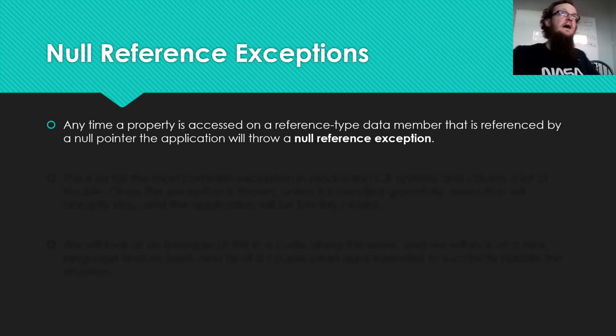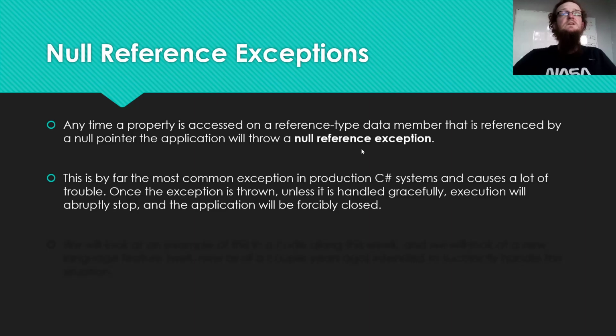If I then try to access the date that assignment was turned in, I will get a null reference exception, because I tried to access data on a memory space that wasn't actually set up to begin with. It was just a null pointer that doesn't have access to a field. This will make more sense in the code along, but prepare yourself to see this quite a bit. In general, this is by far the most common exception in even production code that is running right now.